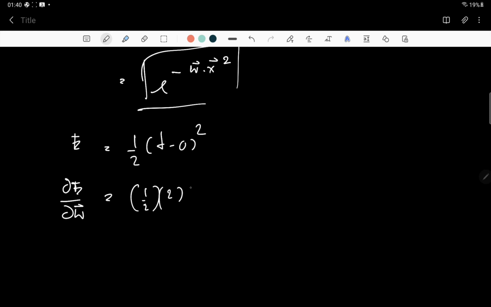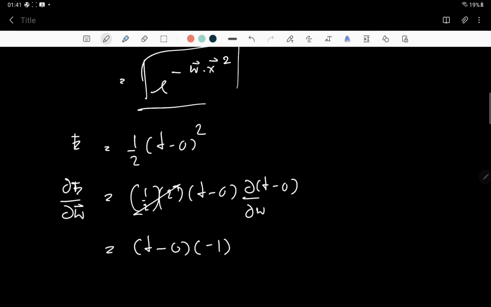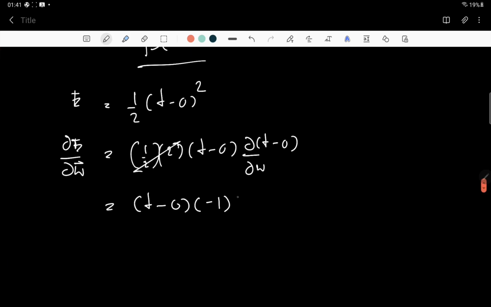That is, target minus output, and then you have to take the partial differentiation of these values. So this one is 1, and it is target minus output and minus 1 here, and then this one is constant, so it is 0.